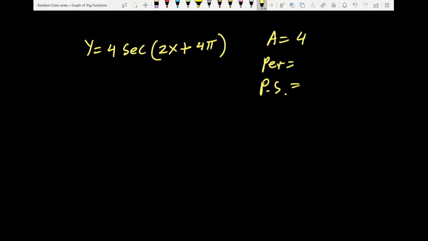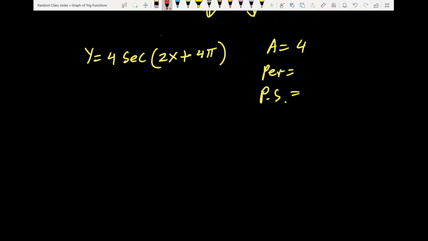What's the period? What's the omega in this case? So what's the period? The period is 2 pi over omega, which is what? Pi.